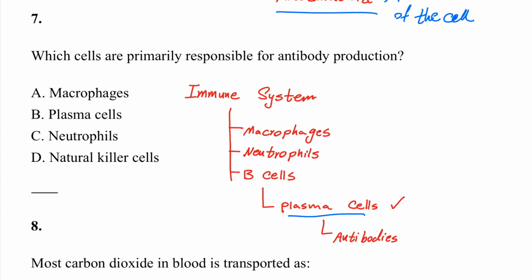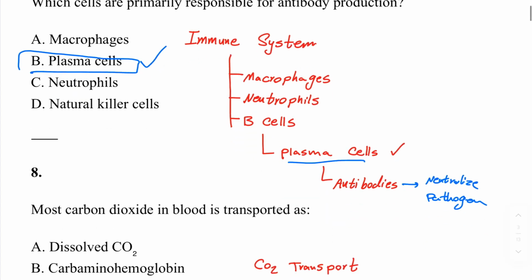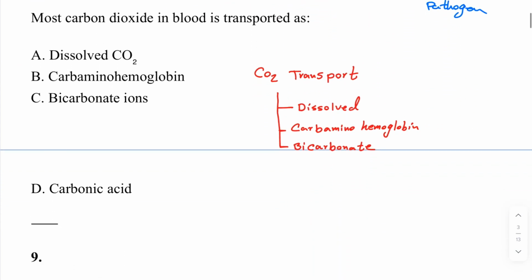These antibodies help identify and neutralize pathogens. Therefore, plasma cells are primarily responsible for antibody production. Option B. It's an easy question.